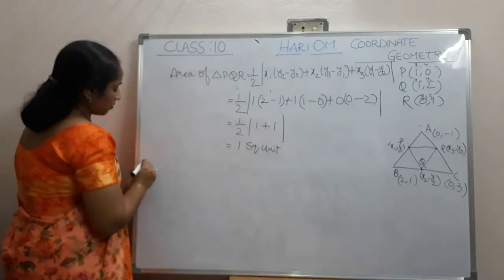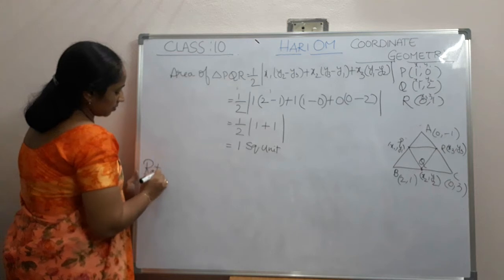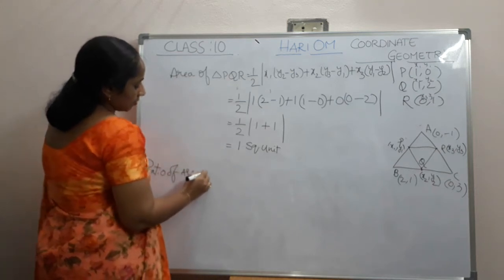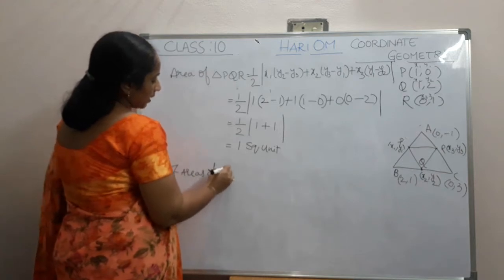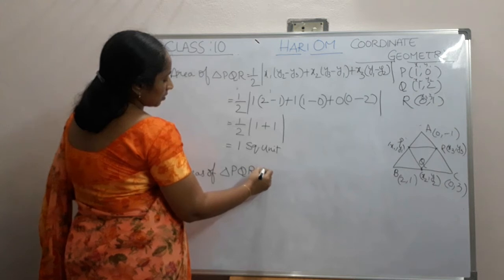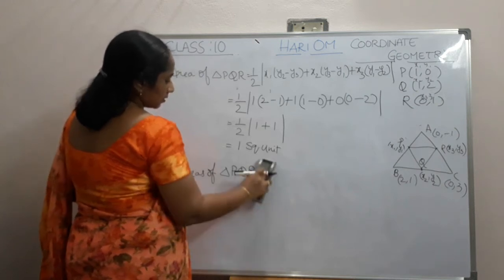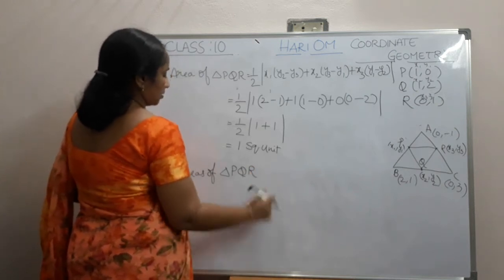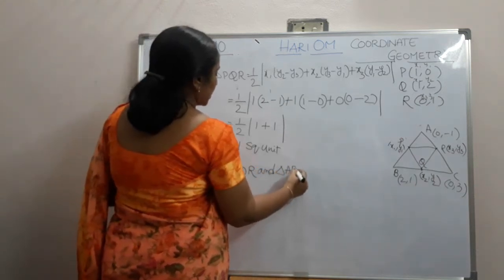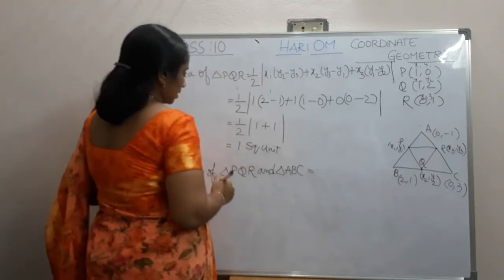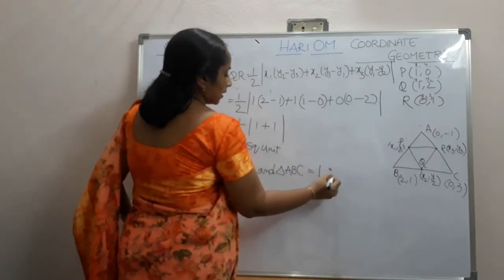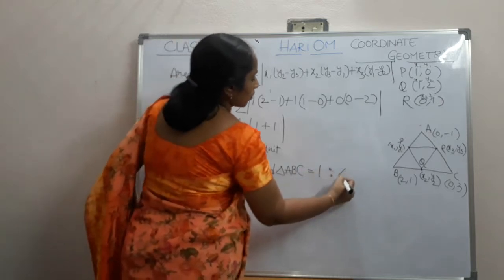So the ratio of areas of triangle PQR and triangle ABC is equal to area of PQR is 1 and area of ABC is 4.